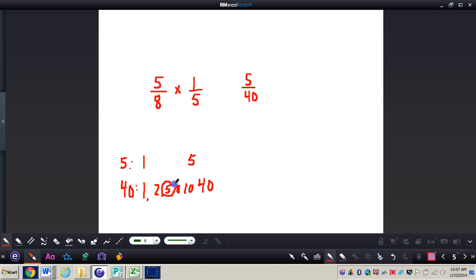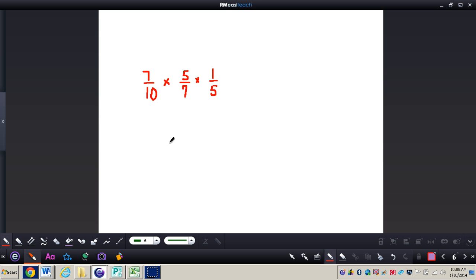So we can see 5 is the greatest common factor. So from here, we're going to divide both numerator and denominator by that GCF. 5 divided by 5 will give me 1. 40 divided by 5 will give me 8 for 1/8 for my answer.